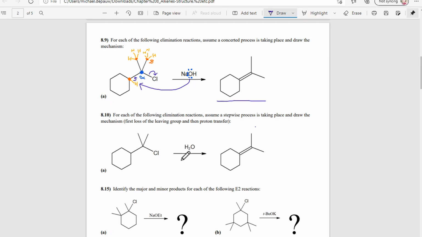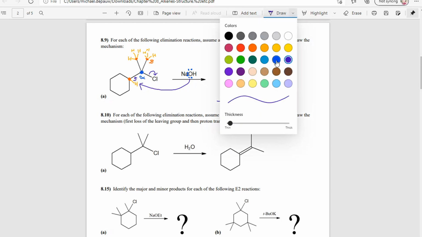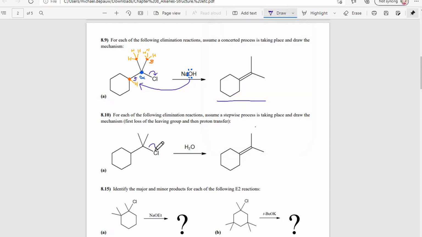So it can't kick out chlorine in any way, shape, or form. It can't rip off a hydrogen and force this to happen. It has to wait for chlorine to leave, to be honest with you. So that means in this case, the first step is going to be the leaving of the leaving group.